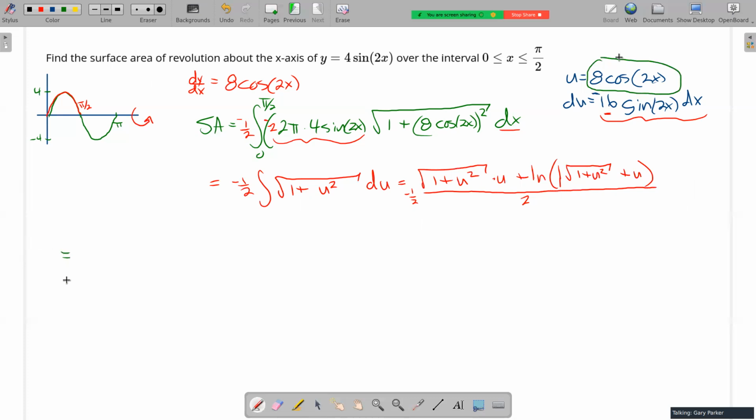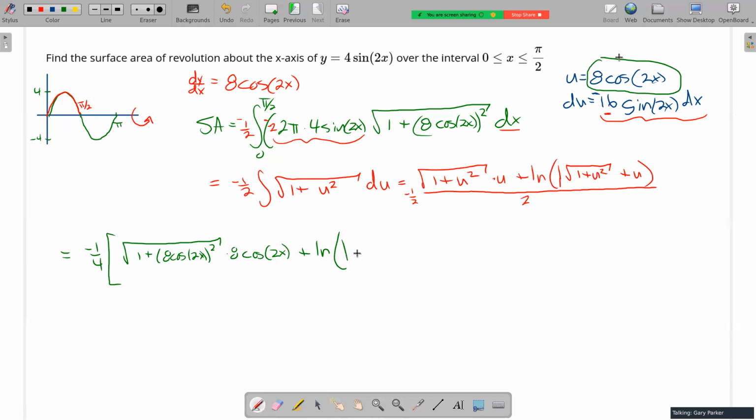So an antiderivative for this, if we pull out that -1/2 times 2, ought to be -1/4 times the square root of 1 plus parentheses 8 cosine of 2x squared times 8 cosine of 2x plus the natural log of the absolute value. And I'm going to put parentheses around that because some calculators need that.